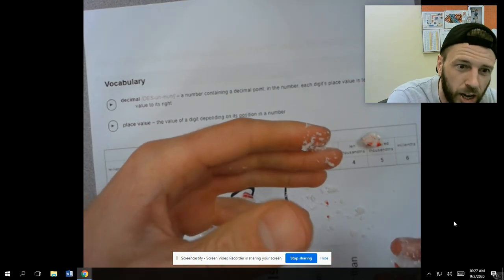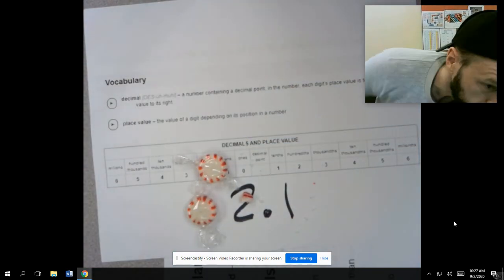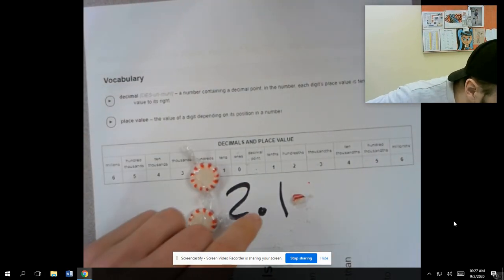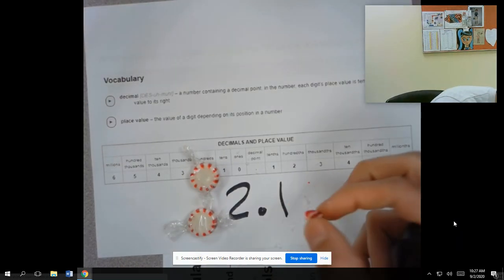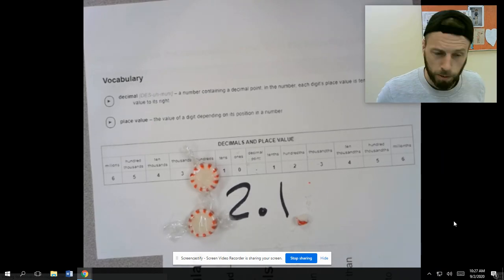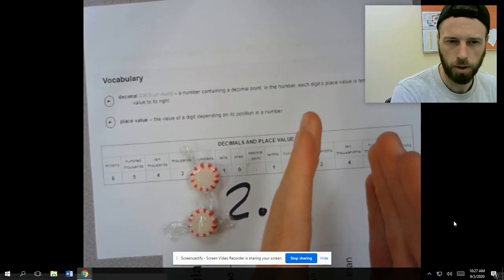Part of a mint. Now that's out of the way. So we've got 2 mints and 1/10 of a mint. I don't know if that's exactly 1/10 of a mint, but that's about right. I hope you get the idea, right? Whole number on this side, part of a number on this side.